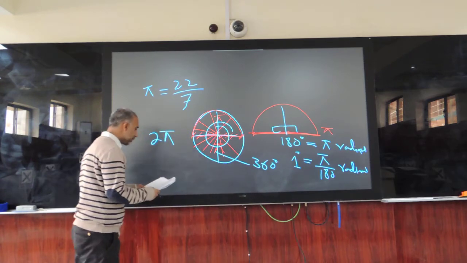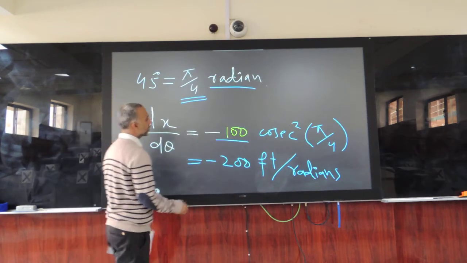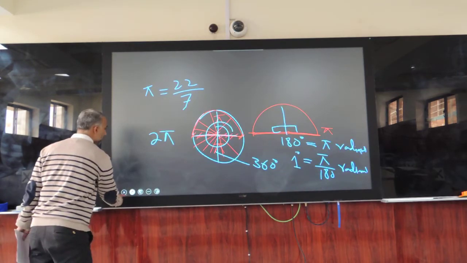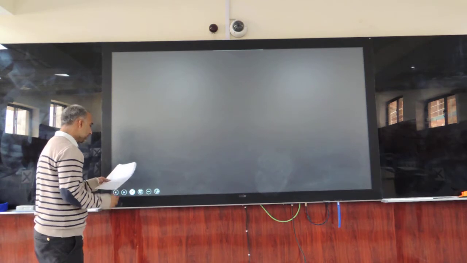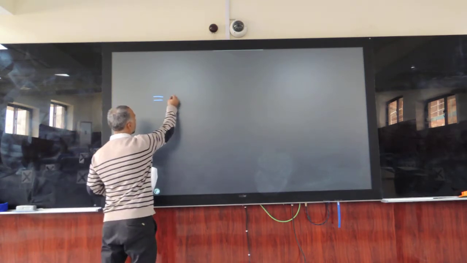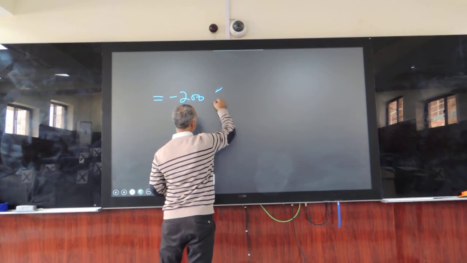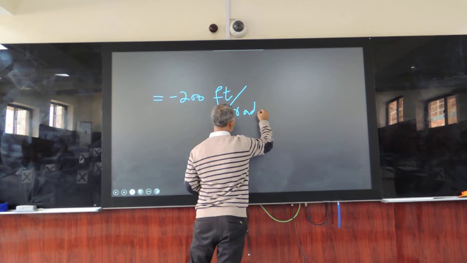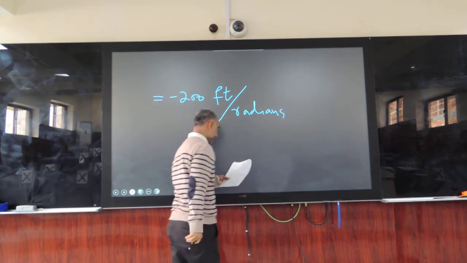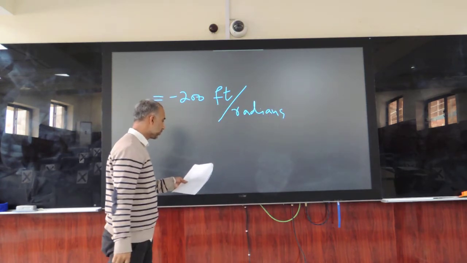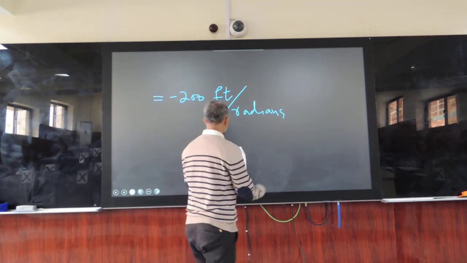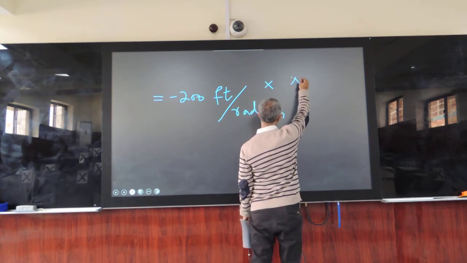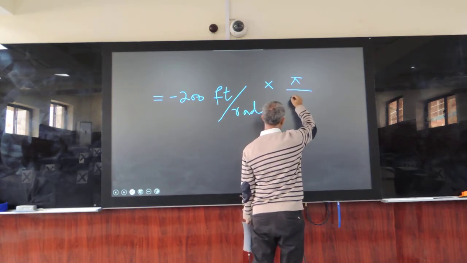So let's substitute it. Once we want to get rid of these radians, what we need to do is multiply that answer, 200 feet per radian, by a factor, because we want to transform the radians into degrees.